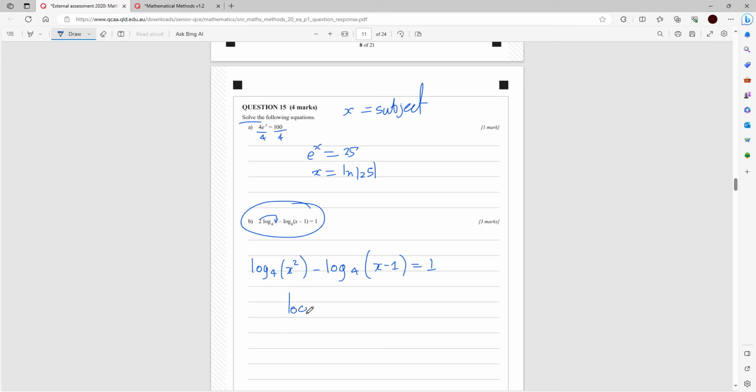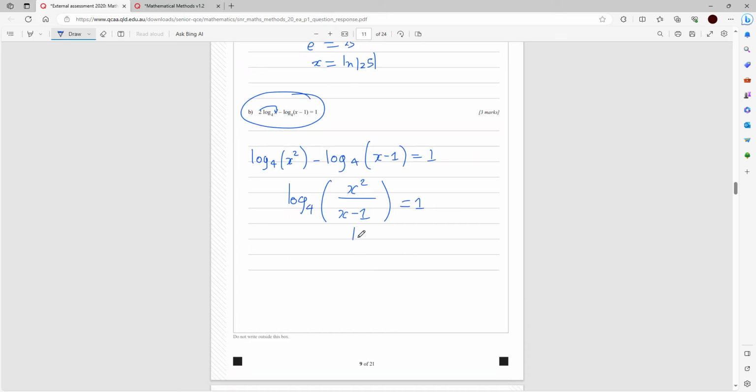So log base 4 of x squared on x minus 1 equals 1. Okay? Now I'm going to convert this to an exponential. That means 4 to the power of 1 is equal to x squared on x minus 1. So that means 4x minus 4 is equal to x squared. So therefore, x squared minus 4x plus 4 equals 0.